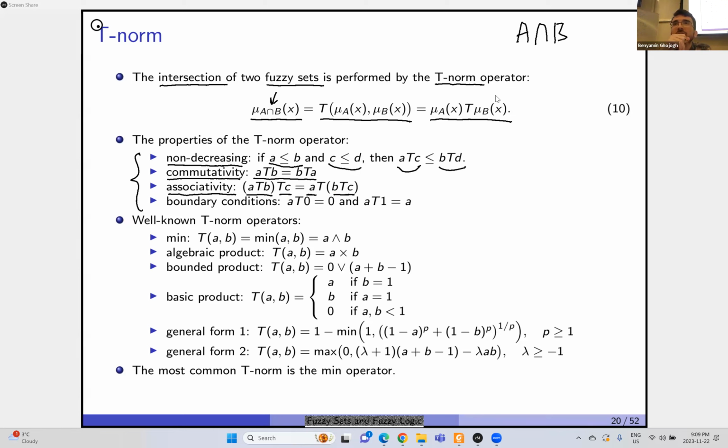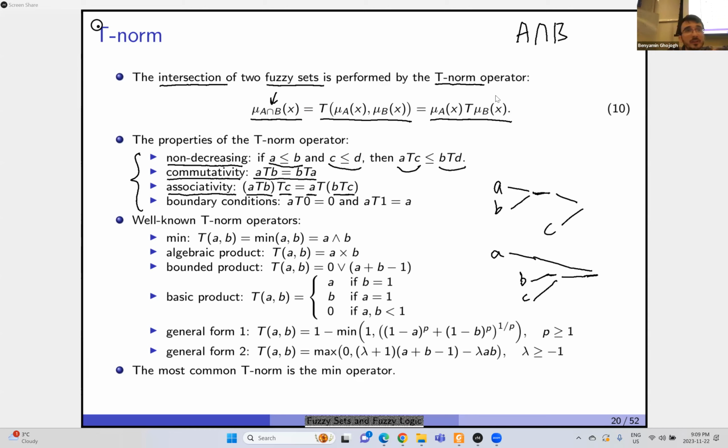It shouldn't matter whether you do A, B first and then C, or B, C first, so these two are equivalent.